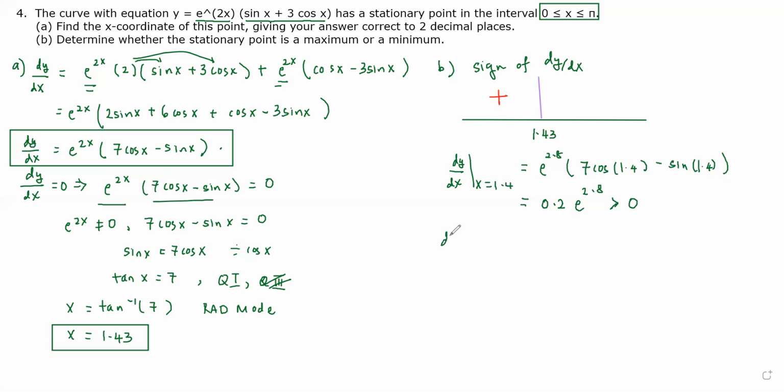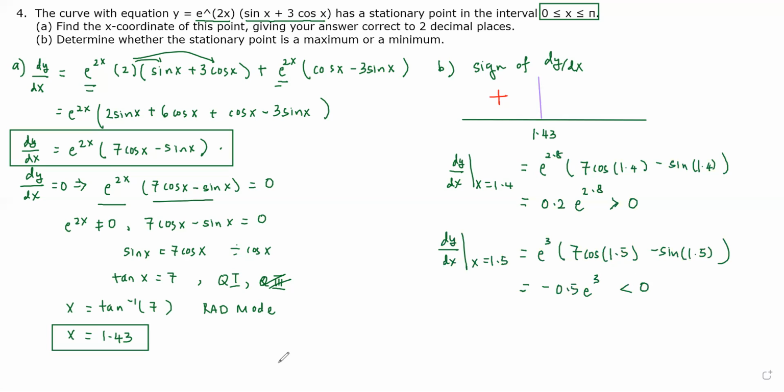To the right of 1.43, we could use a value of 1.5. So we have e to the 3, 7 cos 1.5 minus sine 1.5. Again, use the radian mode in your calculator. We should get a value of negative 0.5 e to the 3.